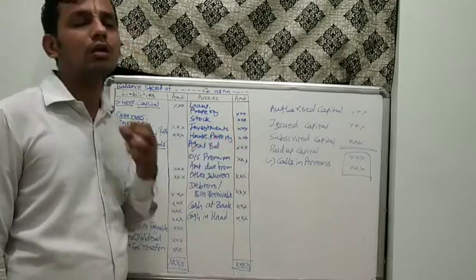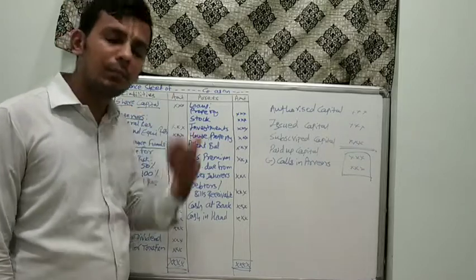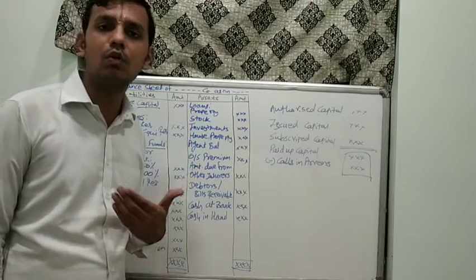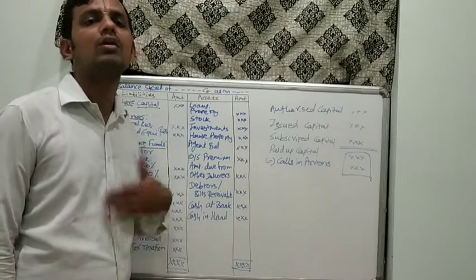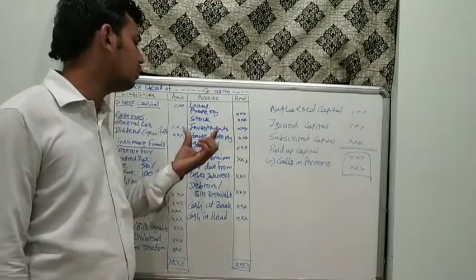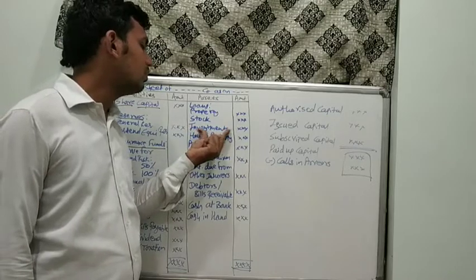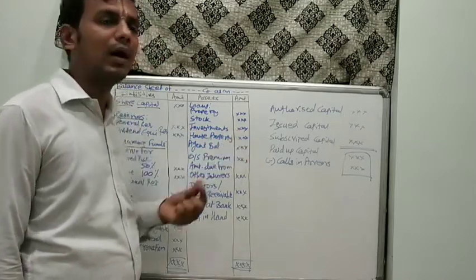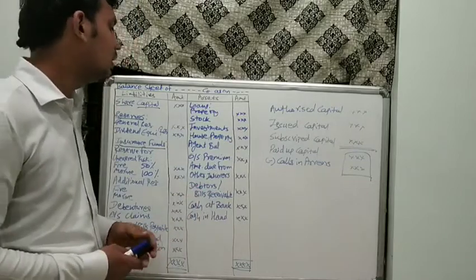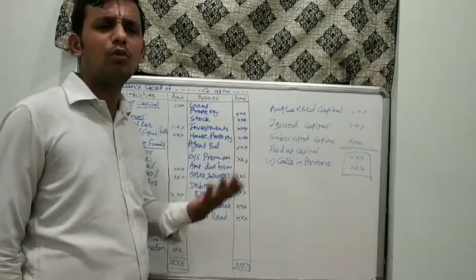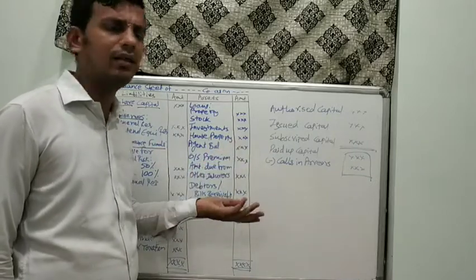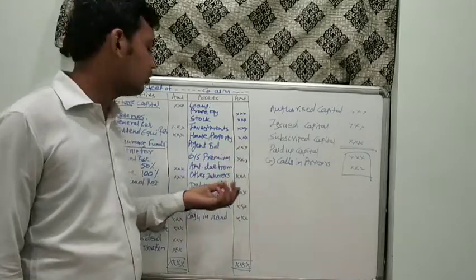Later on, the insurance company, normally for the purpose of earning extra revenue, makes investment in what? Bonds, shares, debentures or any other kind of security. For that purpose, that investment would be termed in assets and taken in the second number. After that, house property: if the company has some kind of house property, that again will be part of the assets of the company.